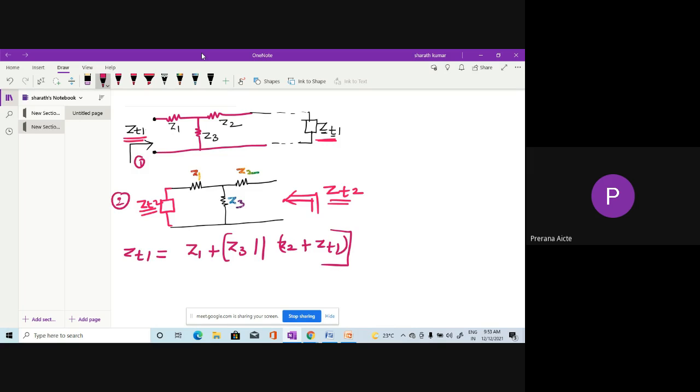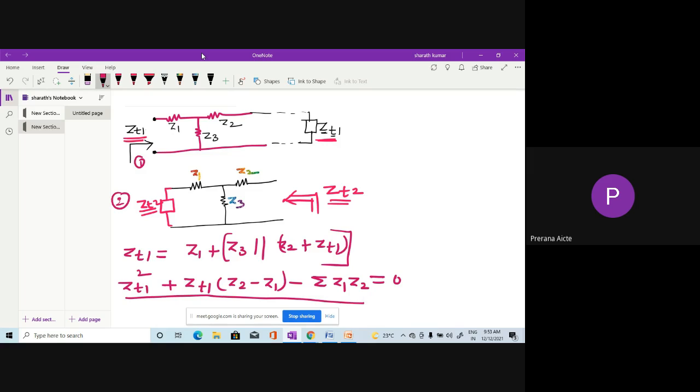So if you manipulate this, you will get ZT1 square, since ZT1 is there on both sides: ZT1 square plus ZT1 times (Z2 minus Z1) minus Z1Z2 minus Z1Z3 minus Z2Z3, the summation of Z1Z2, is equal to 0. So look at this equation.